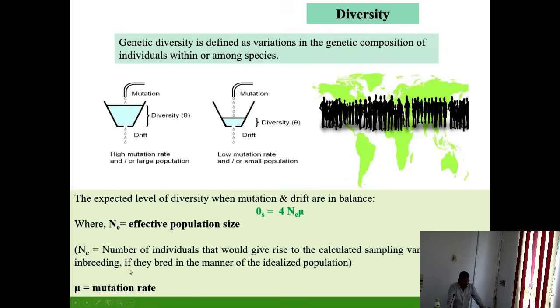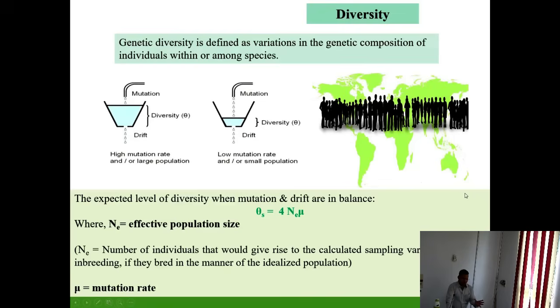This is the definition from the Falconer book: the number of individuals that would give rise to the calculated sampling variance or rate of inbreeding if they bred in the manner of the idealized population. And mu is the mutation rate that is taking place in that generation. So this is how the diversity exists in a population.